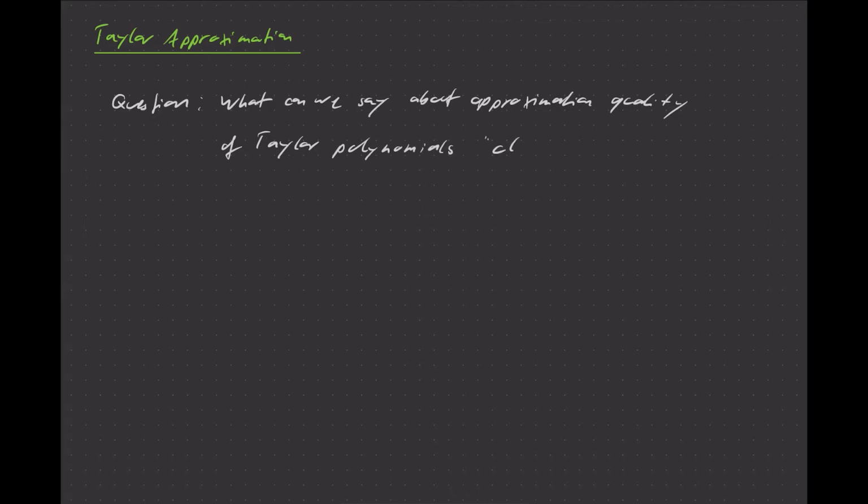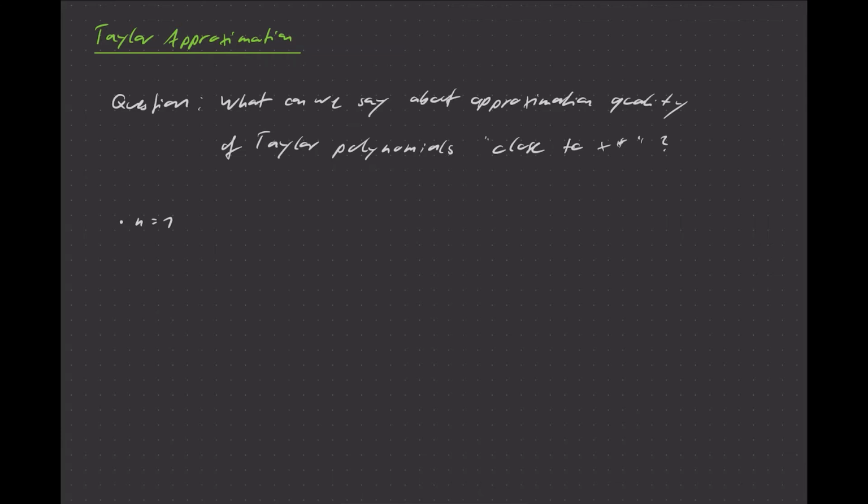And of course, it's only meaningful to investigate that close to the point x star that we use for computing the Taylor polynomials. Now let's first investigate the case of n equals 1.